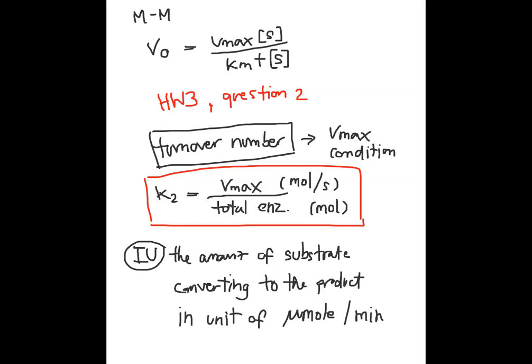So this is very important here, the IU concept. It needs to be micromole per minute. So if the value gives you nanomole or mole in 30 seconds, you need to change it into micromole per minute. And please refer to homework question number 1C where we talk about 20 IU, right?